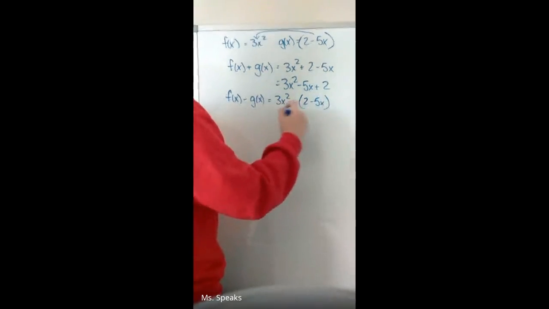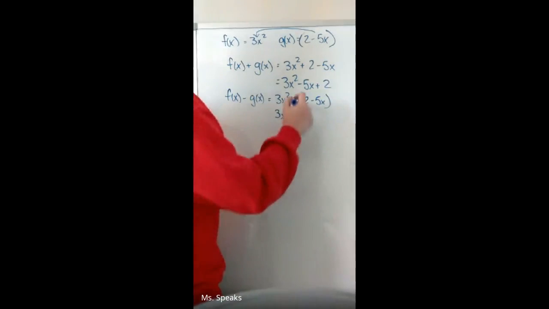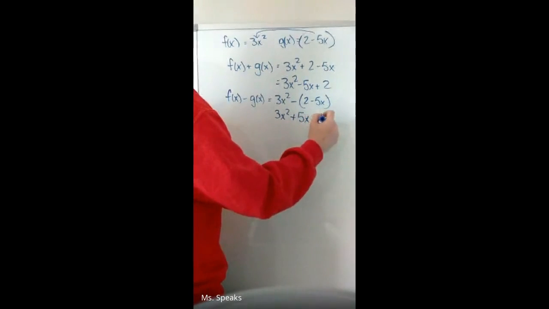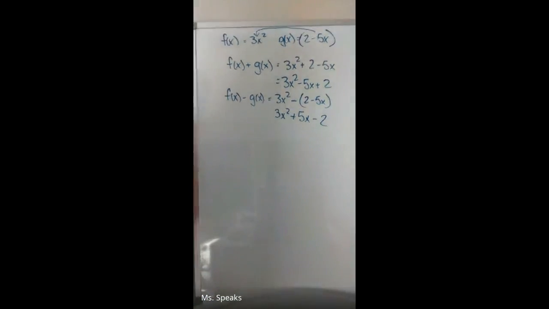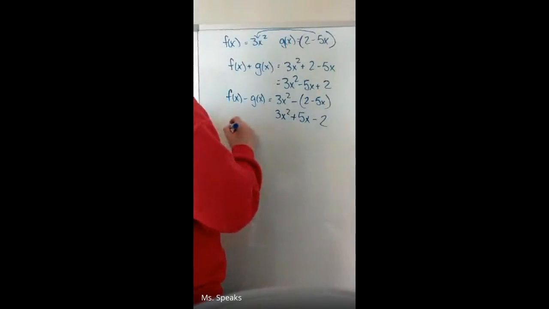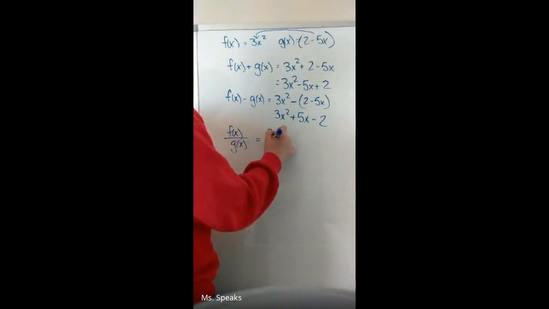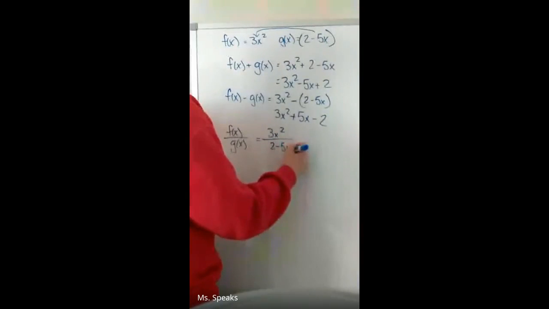So if I were to write this in standard form, I would have 3x squared minus negative is plus 5x and then minus 2. All right, and then the last kind is division. So if we had f of x divided by g of x, okay, you just put them on top of each other. So 3x squared over 2 minus 5x.